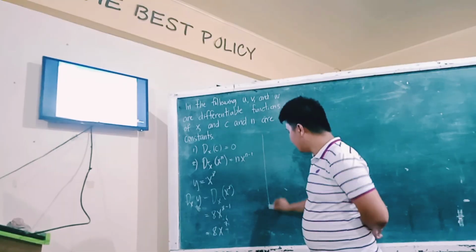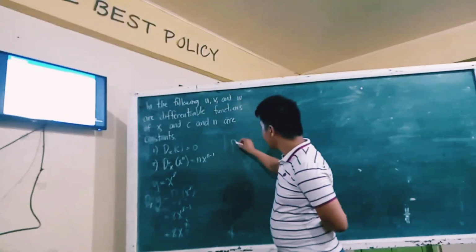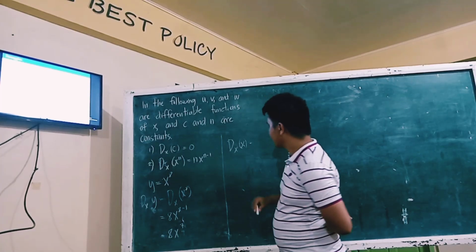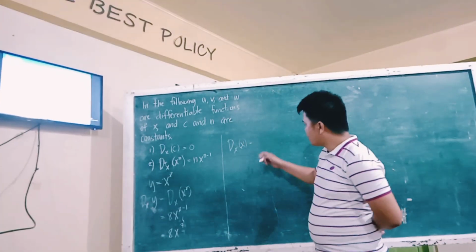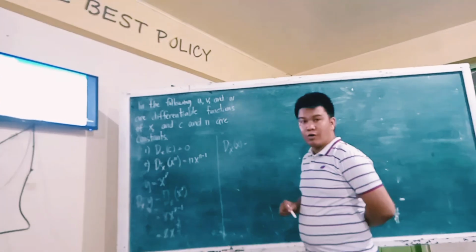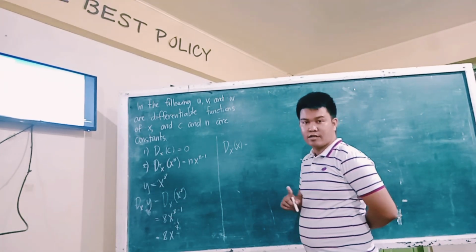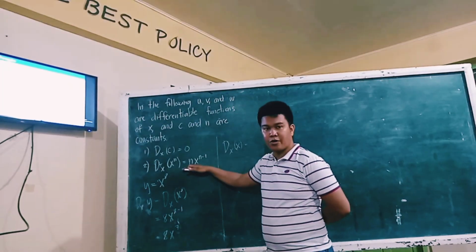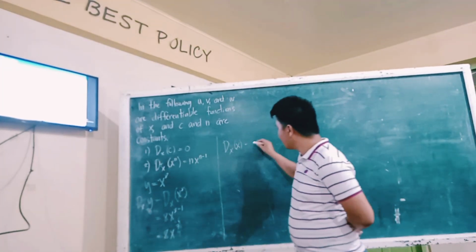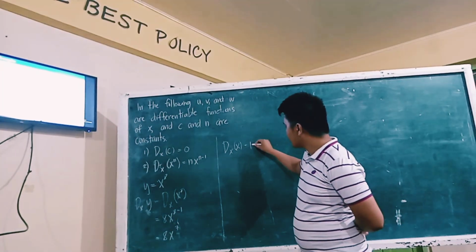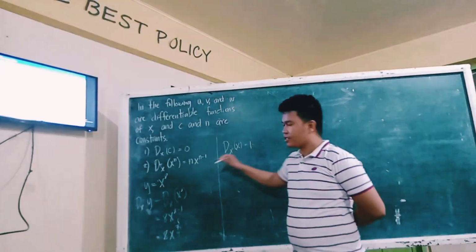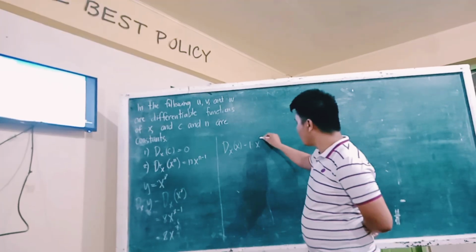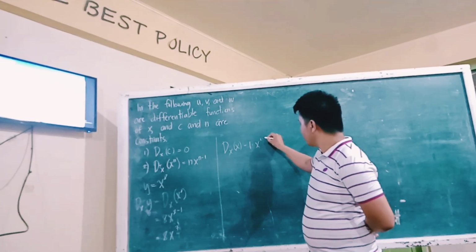Another example, we have the derivative of x with respect to x. As you notice, the exponent of x here is 1. We can just follow this formula, where our n is equal to 1. So we have 1 times x, and then we have n again, which is 1, minus 1.